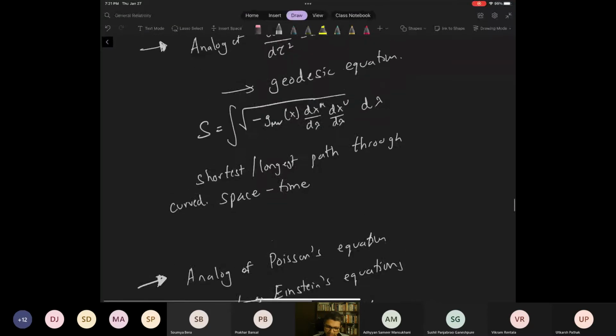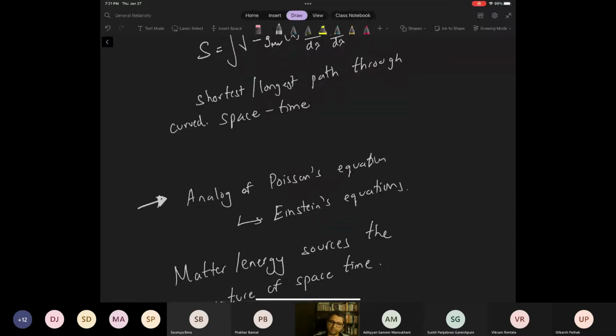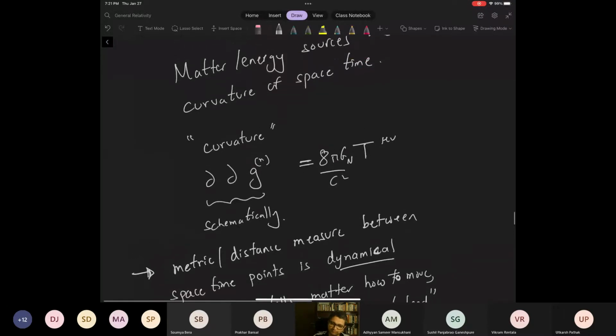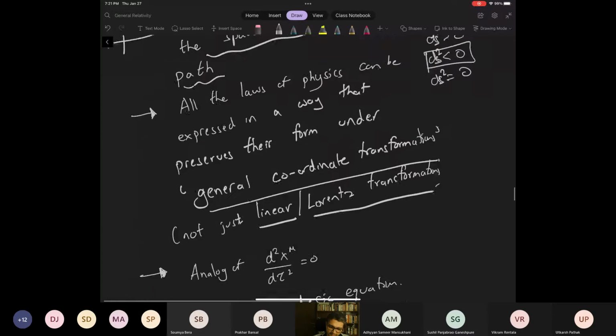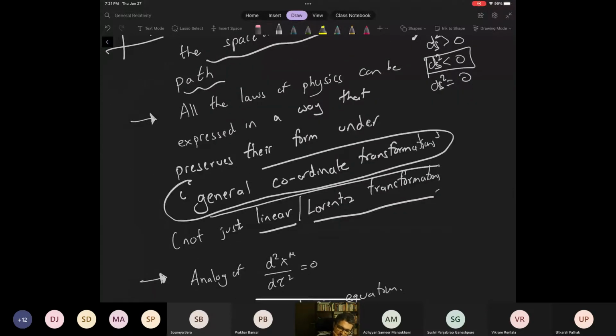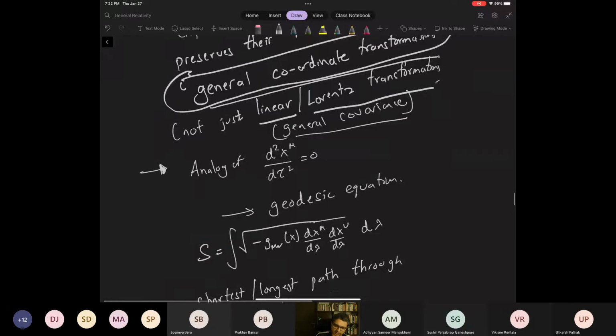So there must be a way to describe it in a way that is coordinate invariant, or coordinate covariant, which changes in a specified way, but the equations take the same form in all coordinate systems. So this principle of transformation under general coordinate transformations is also called general covariance. This principle is called general covariance.